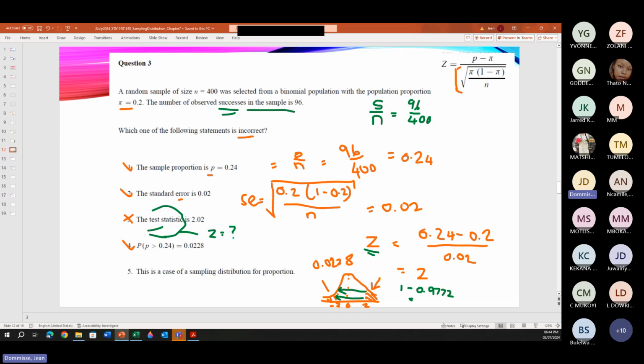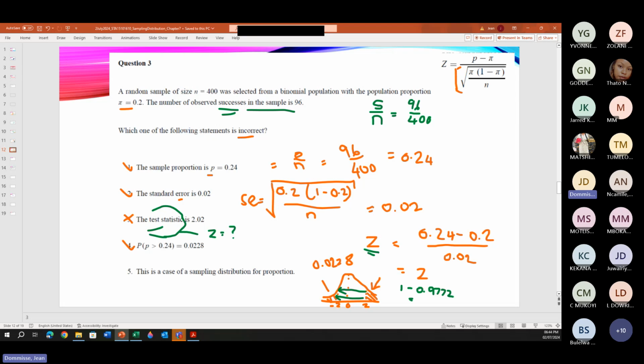Again, by bringing in the terminology of the test statistic, because when we get to chapter 9, when we do hypothesis testing, we're going to always test against something. The same when we do confidence intervals, there's going to be some other Z values that we also bring in. So the test statistic is basically the Z value that you're calculating.